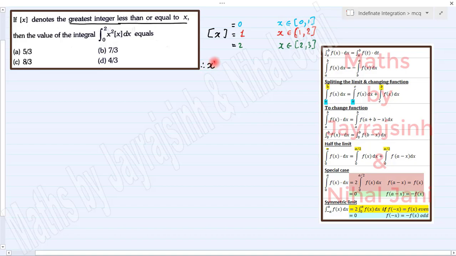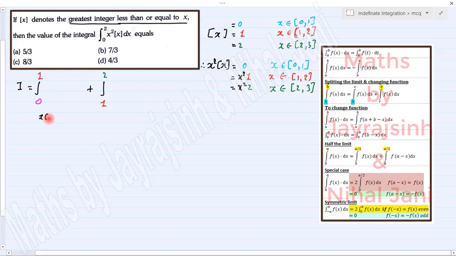So we can say x square box x will be 0 if x belongs to 0 to 1, x square into 1 when x belongs to 1 to 2, and x square into 2 if x belongs to 2 to 3. So we can split our limit from 0 to 1 and from 1 to 2.